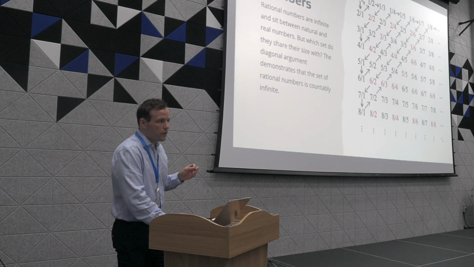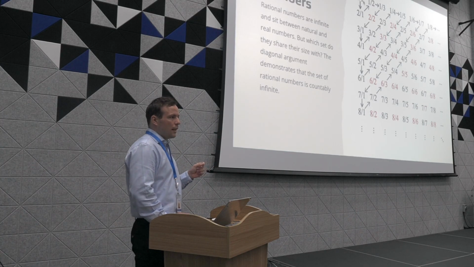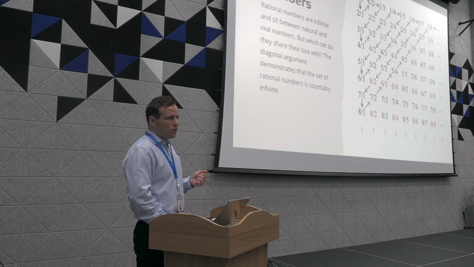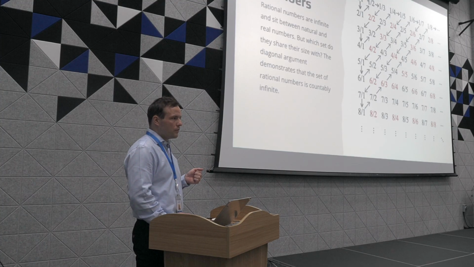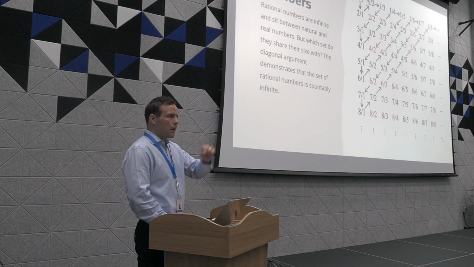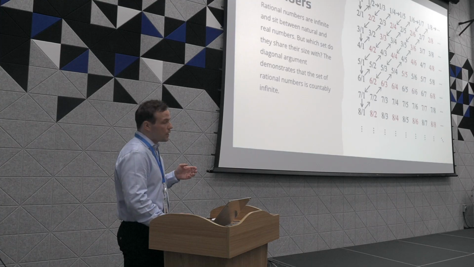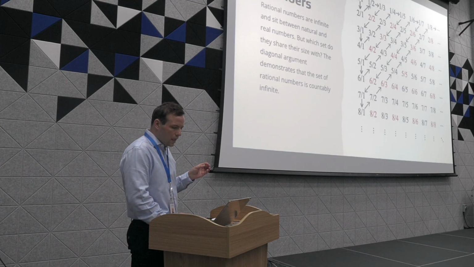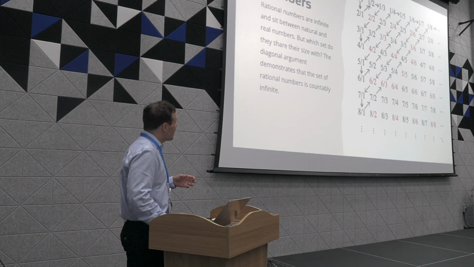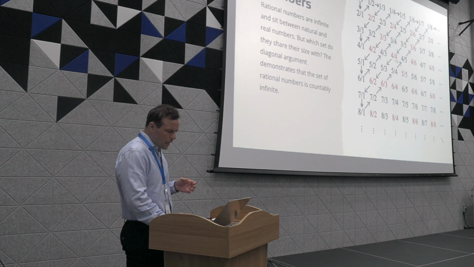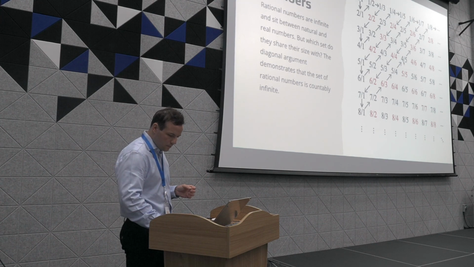But also, for any natural number n, we can find the nth rational number as listed in this way. And that will be the rational number that's mapped to n. So it's also surjective. So this forms a bijection between that set of rational numbers and the natural numbers, and hence those two sets have the same size.